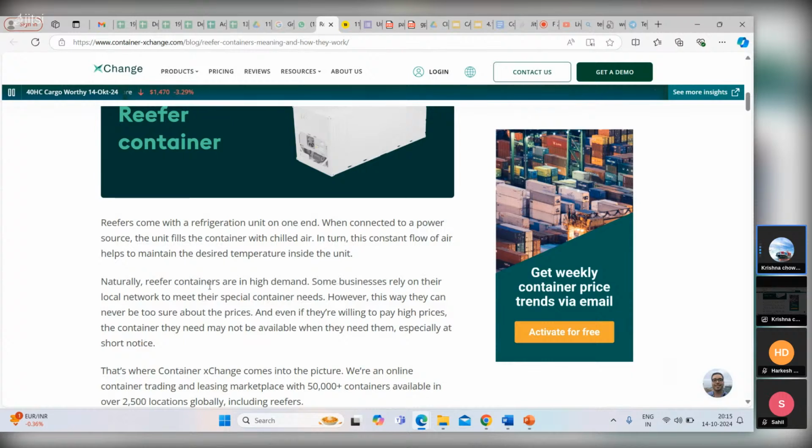Some businesses rely on their local network to meet their special container needs. However, this way they can never be too sure about the prices, and even if they are willing to pay high prices, the container they need may not be available when they need it, especially at short notice.